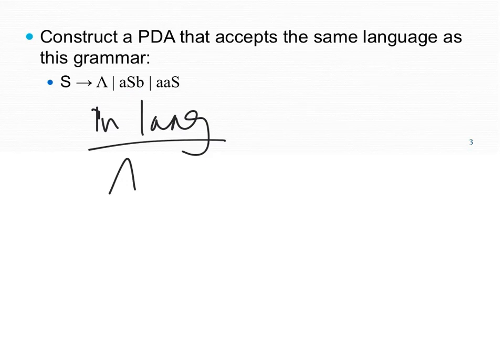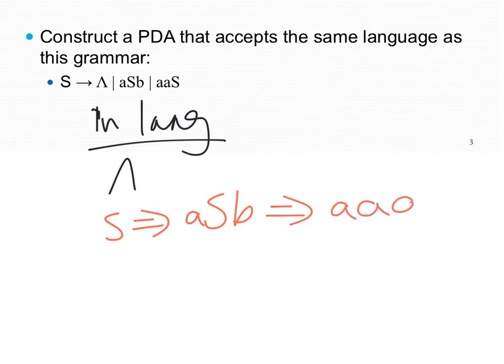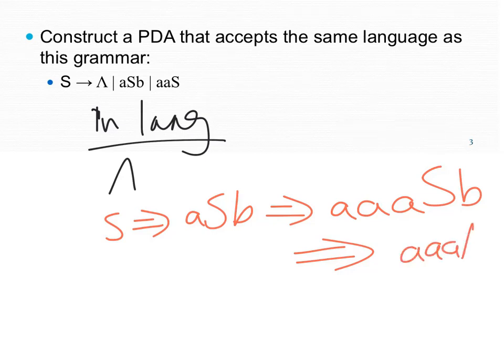So we can get strings, like we could build up strings. Let me show you a couple. I could say something like S goes to AS, B goes to A, AAA SB goes to 1, 2, 3 lambda B, right?